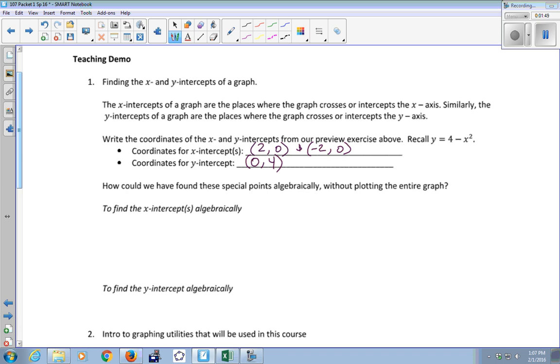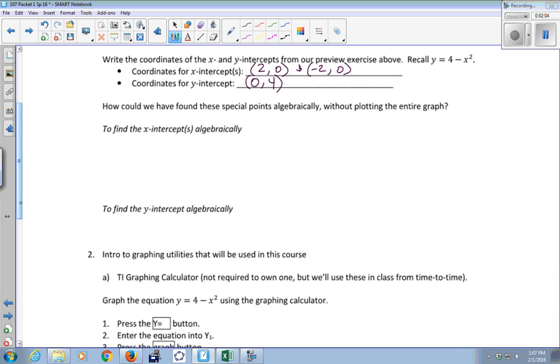All right, let's think about how we would find these algebraically. So you plotted a bunch of points and drew the graph, which allows you to just look at the picture and determine where the x and y intercepts are. But if you didn't have a picture, we could do it algebraically. In general, to find x-intercepts, picture a point on the x-axis, right? Its coordinates are something we don't know.